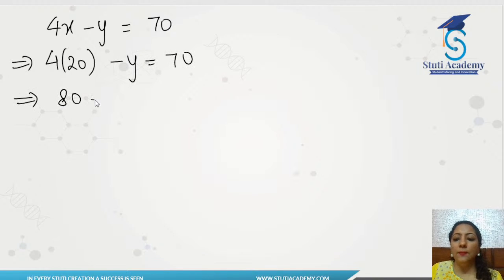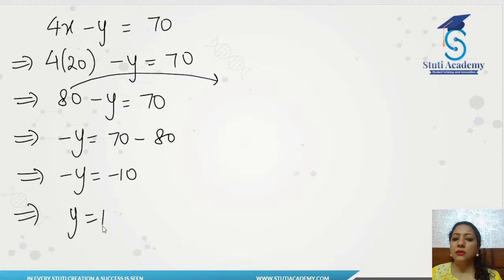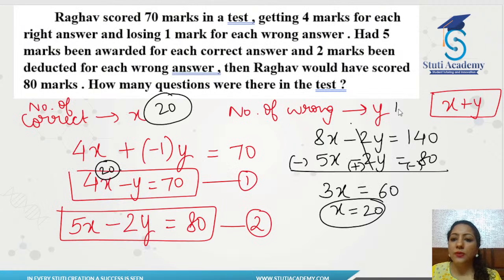This is 80 minus y is equal to 70. This will go on the right hand side. We will get minus y equal to 70 minus 80, and this will give us minus y equal to minus 10. And we can say that this is equal to 10 actually. Minus and minus will get cancelled. We will get 10. So the number of wrong answers we have is 10.